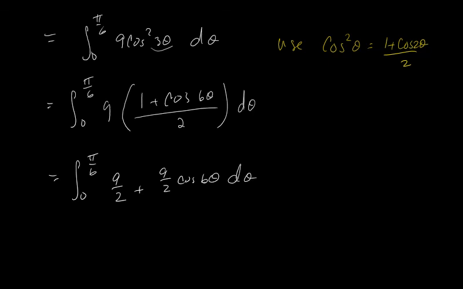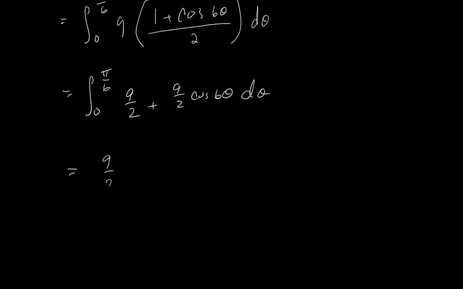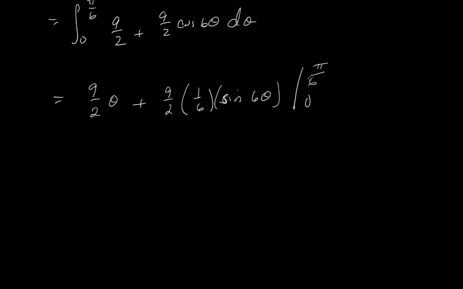Integrating, we get 9/2 theta plus 9/2 times 1 over 6 sine of 6 theta. And we're evaluating all this from 0 to pi over 6.